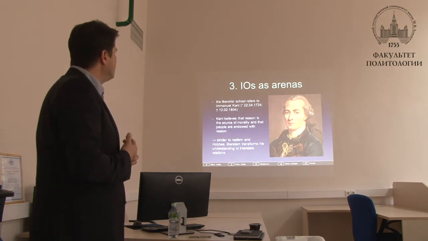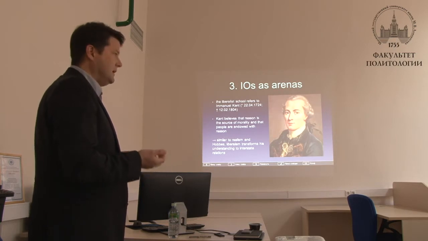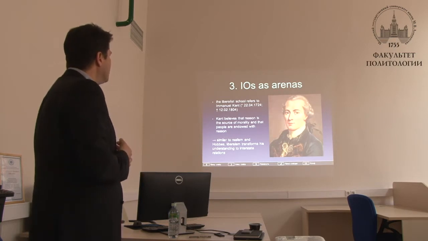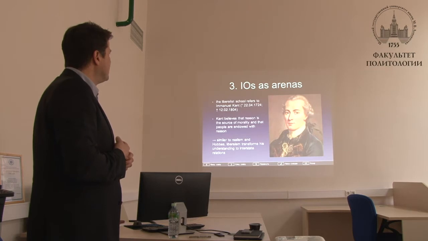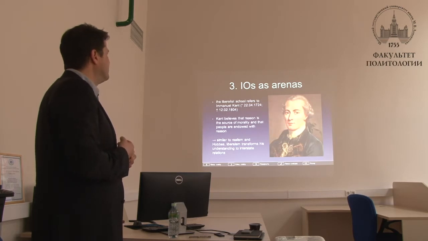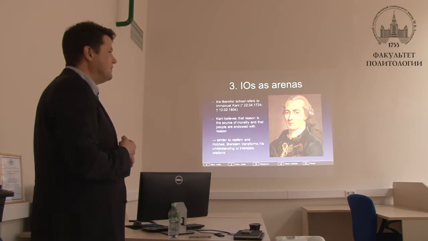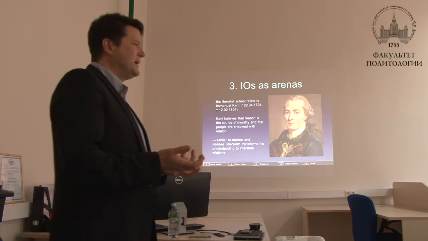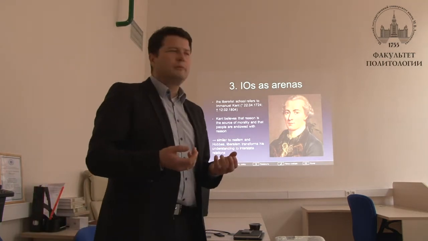The liberal school refers mainly to Immanuel Kant. Kant believes, contrary to Hobbes, that reason is the source of morality, and that people are endowed with reason. The German term would be vernunftbegabt. Maybe there are no Germans in the room.